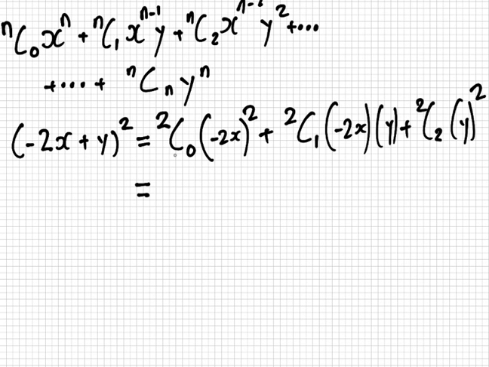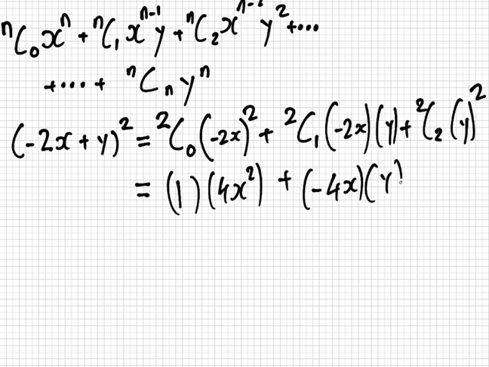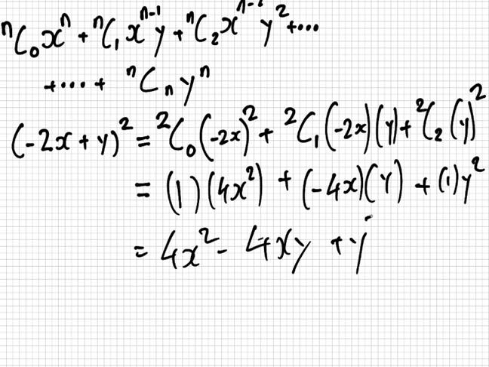Take out the calculator. This will be 1. This is 4x squared. That's 2, so that would be 4xy plus, and then that's a 1 again, y squared. So the answer is 4x squared plus 4xy plus y squared.